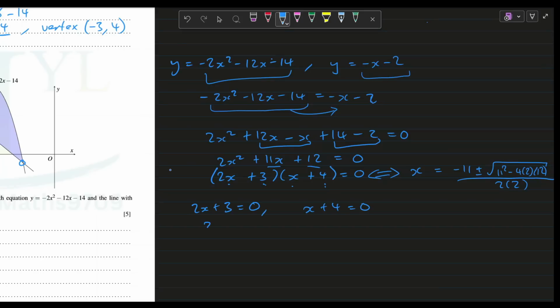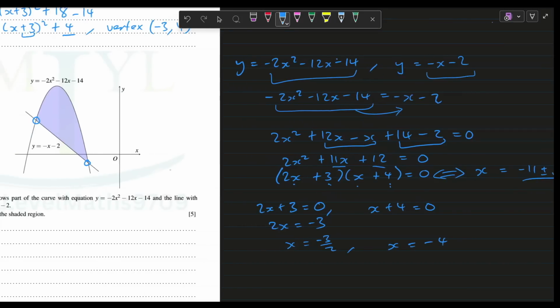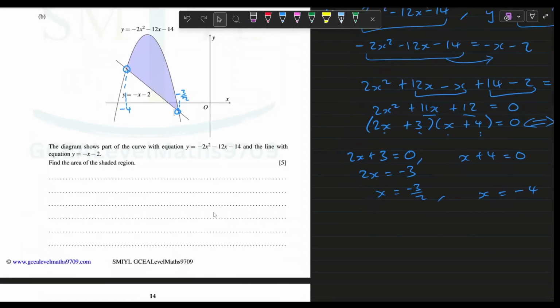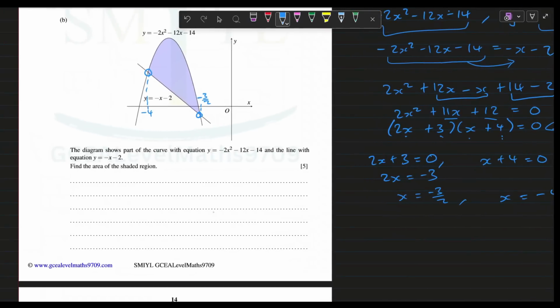So you get 2x is equal to negative 3, so x is equal to negative 3 over 2. And then here you get x is negative 4. Okay, so it means our x coordinate here, that's the smaller x coordinate, which is negative 4. And then our x coordinate here would be negative 3 over 2.